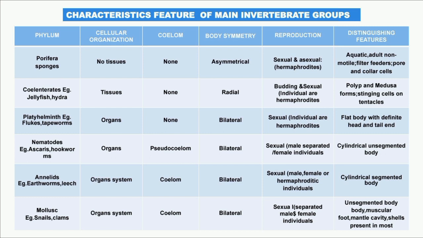Their body has tissues and organs, and a gut with a mouth and anus. Reproduction is sexual, with separate male and female individuals.